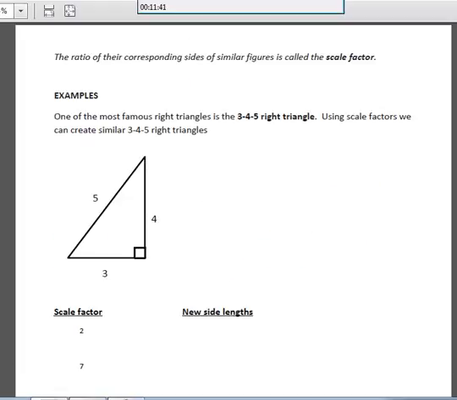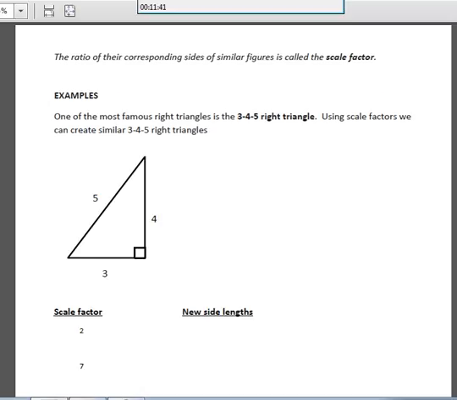I know the video is getting kind of long now. The ratio of their corresponding sides of similar figures is called the scale factor. So one of the most famous right triangles is a 3, 4, 5 right triangle. You're going to learn more about this at the end of the year when we learn about the Pythagorean theorem. Using scale factors, we can create similar 3, 4, 5 right triangles.